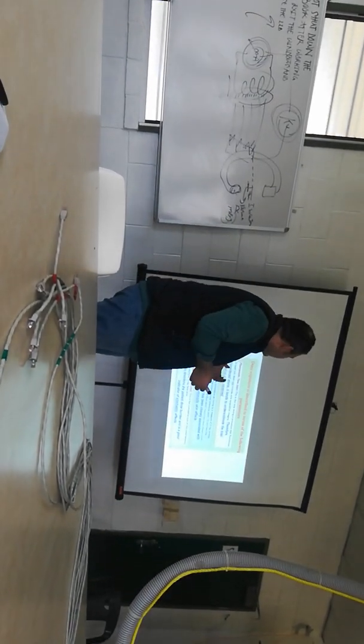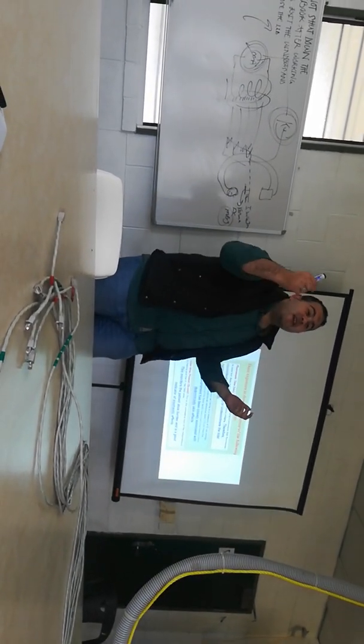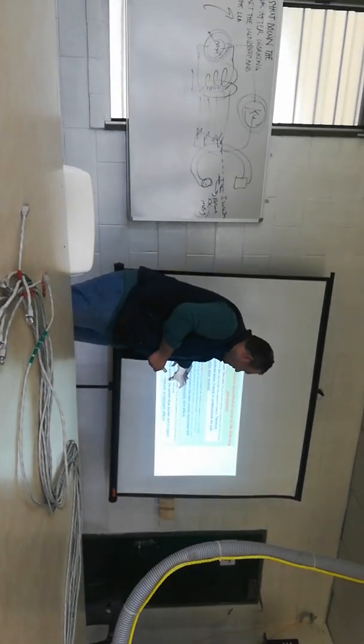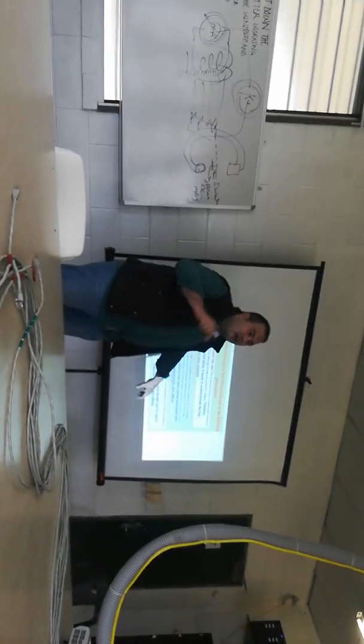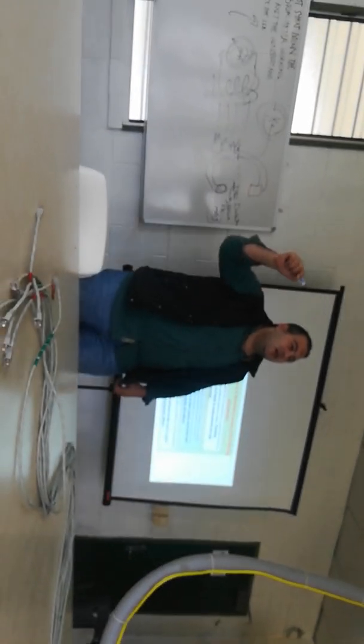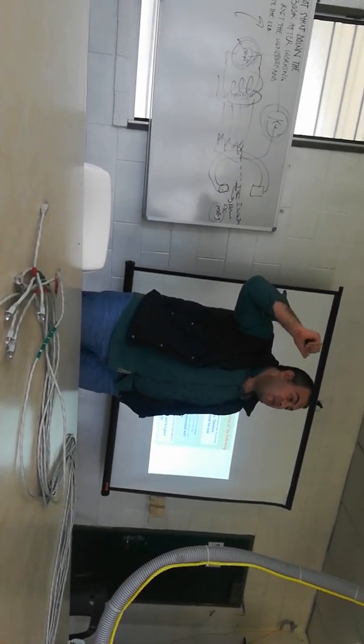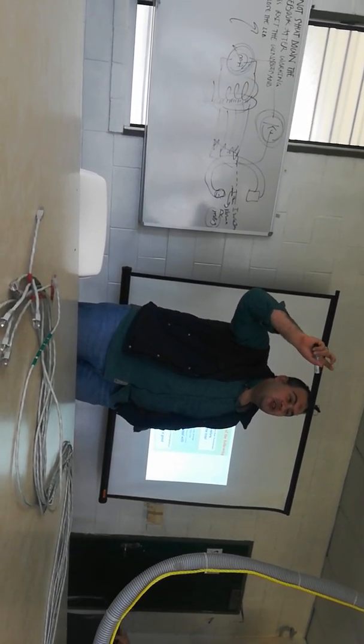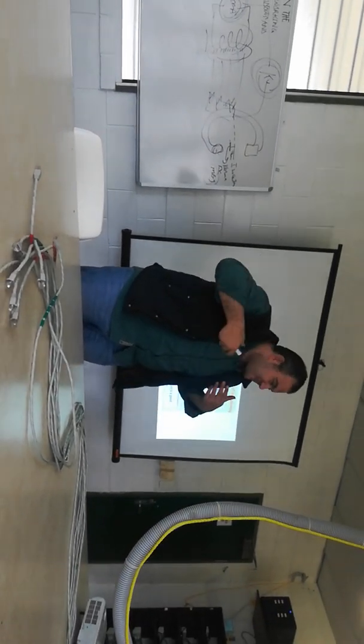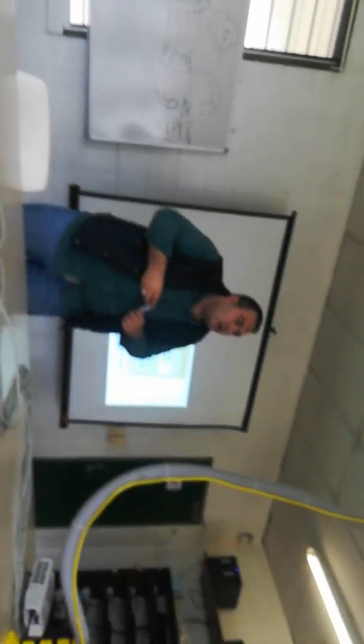So if I want to measure the effective dose of the patient, what will I do? I'll take this value of the dose area product times the tissue weighting factor. You remember? Tissue weighting factor for extremities will be 0.01.